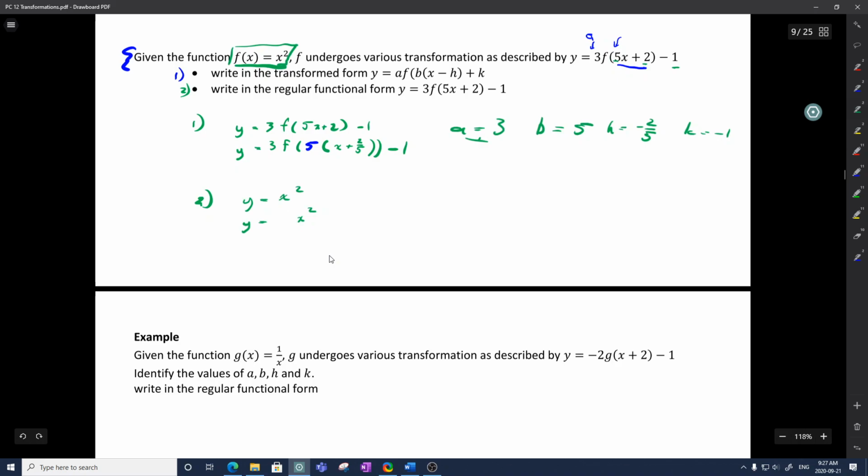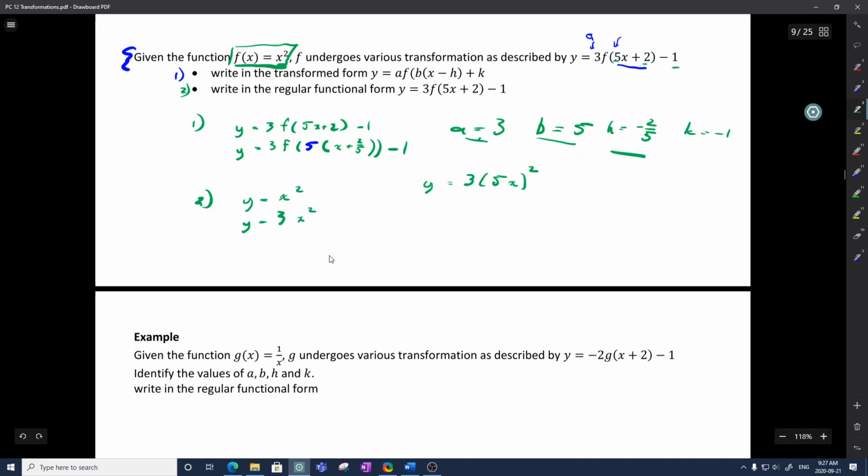It should be y is equal to 3x squared. And then I'm going to add the 5 in there, or include the 5, I should say. So y is equal to 3 times 5x squared.